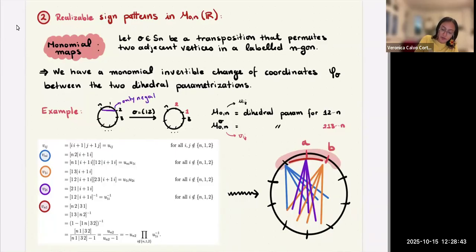All of our other coordinates were positive. Well, if I do this map, all of this stays positive, all of this stays positive, all of this stays positive, all of this stays positive. And because this one here was negative, I have now turned this into a positive coordinate.